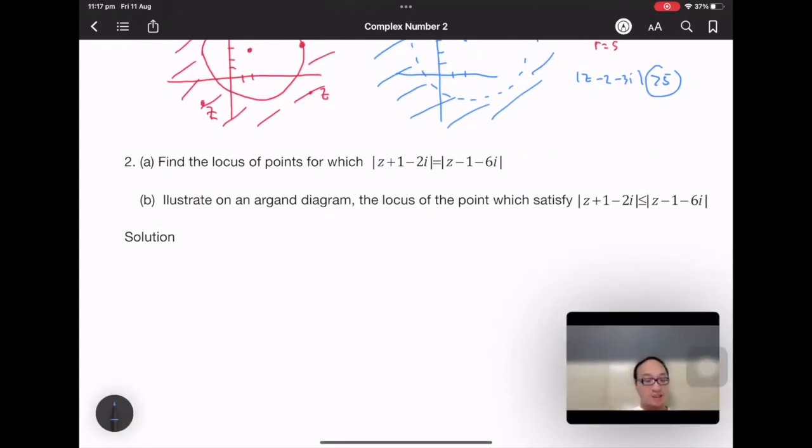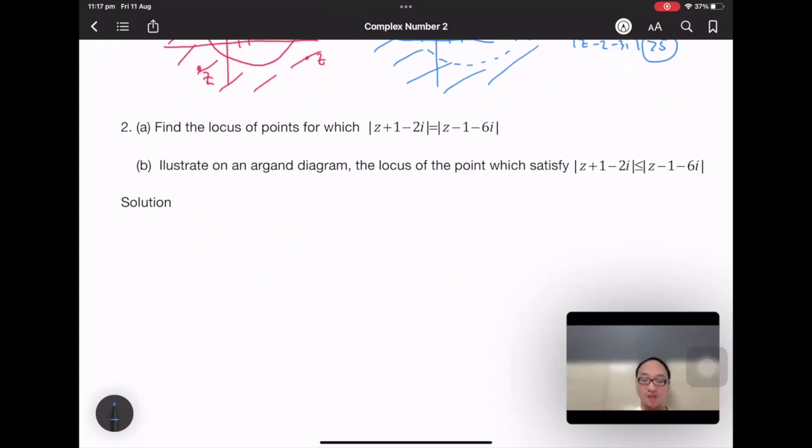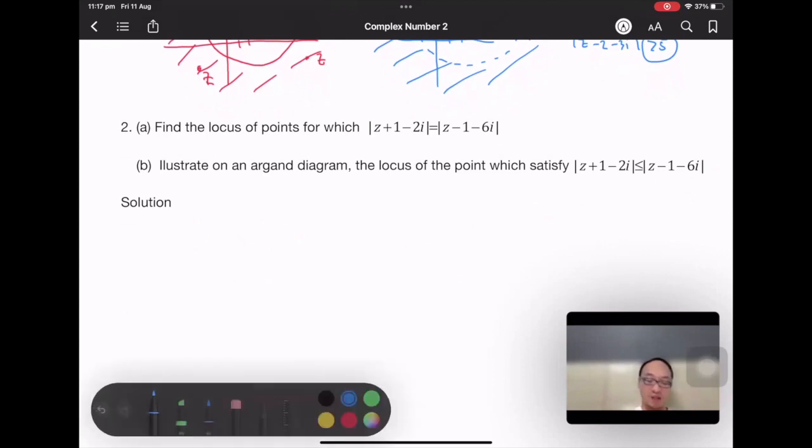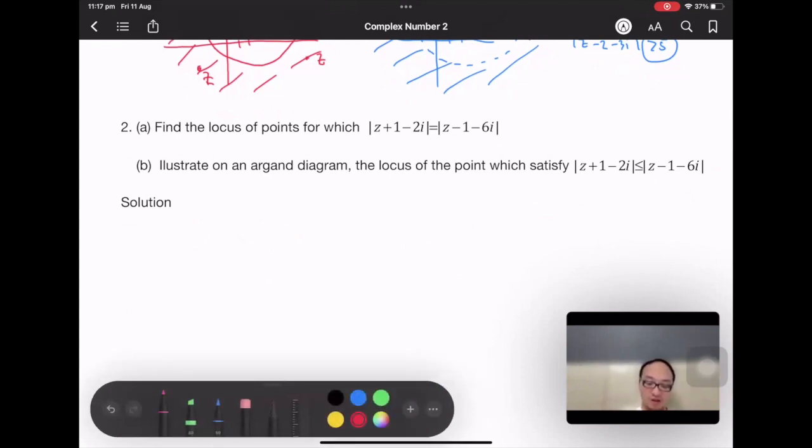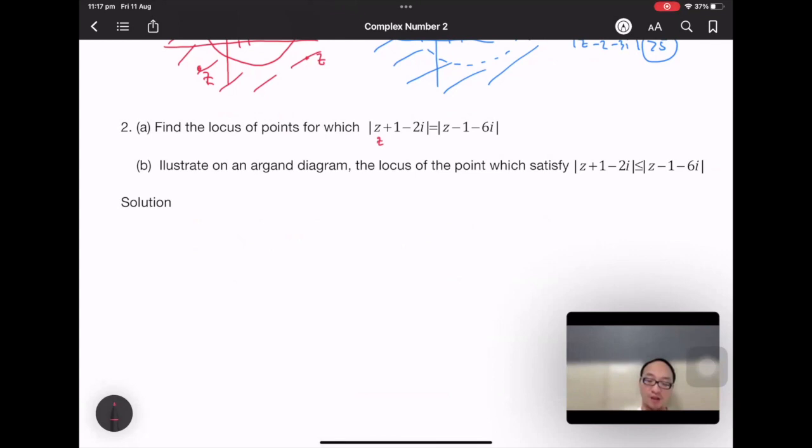Next, find the locus of points for which z plus 1 plus 2i equals z minus 1 minus 6i. So this is the point of z minus negative 1 plus 2i and z minus 1 plus 6i.